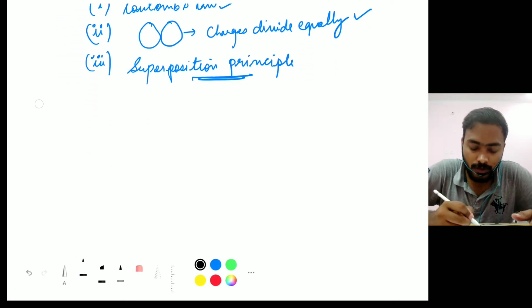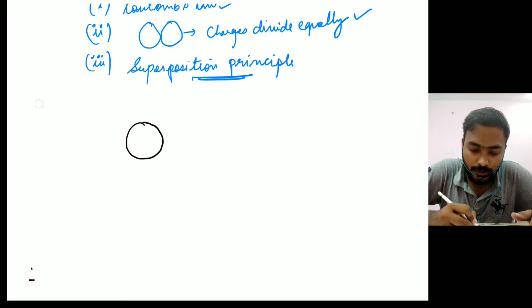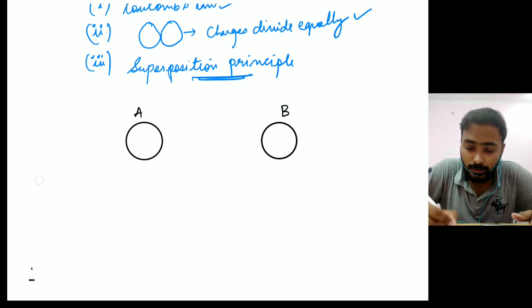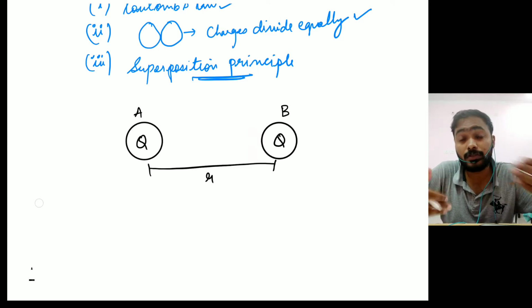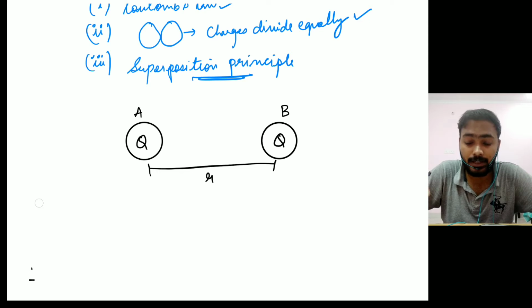According to the question, we have two identically charged bodies. Let me call them body A and body B. They both have charges Q and Q, and they are separated by a distance of r. Then the force of interaction between them is F. How much will that F be? Let's find out.